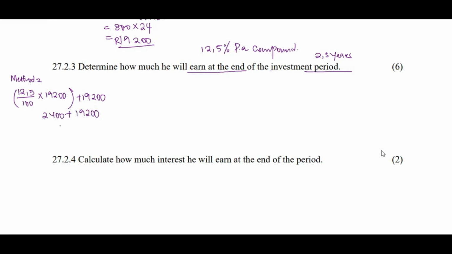So in the first year, we have the final answer. So this is the first year. The first year, same story. Second year, 12.5 over 100 times the money which was there in the first year.